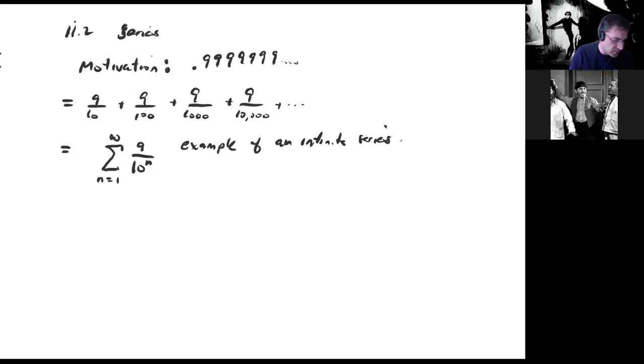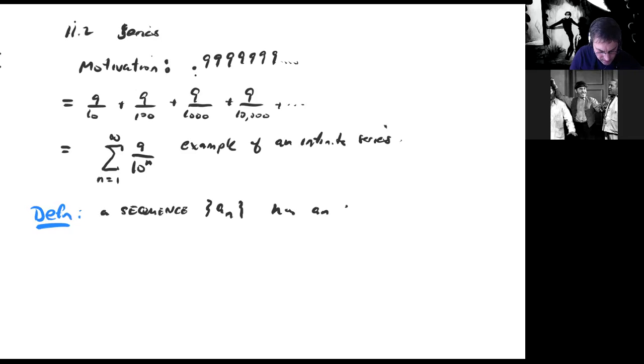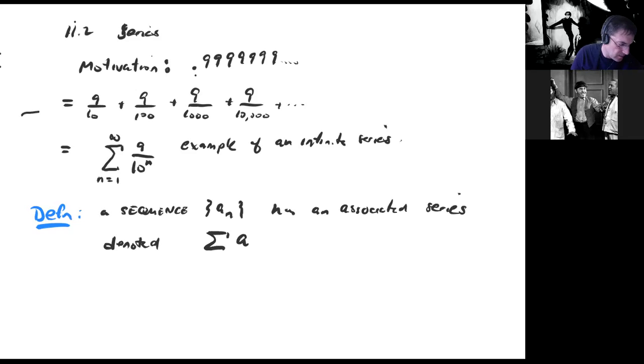Okay, so here's the formal definition. A sequence a sub n has an associated series, which is denoted sum a sub k, say k goes from 1 to infinity.